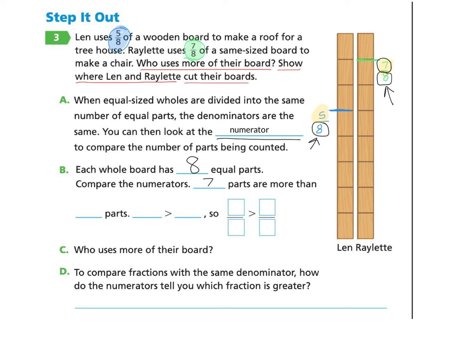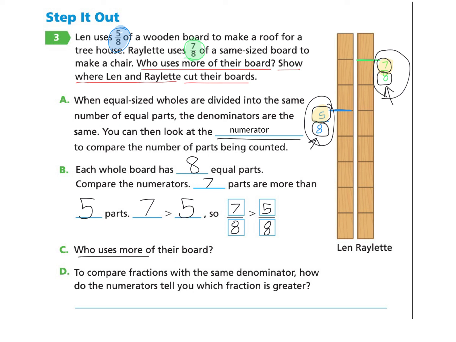So we can say 7 parts are more than 5 parts. So then we're able to write 7 is greater than 5. And so then we know that this whole fraction, 7/8, is greater than this whole fraction, 5/8.